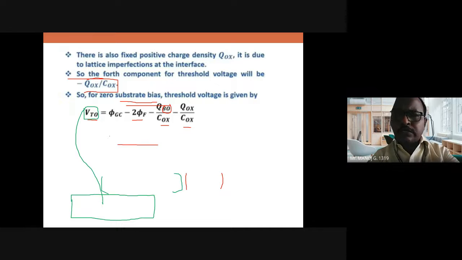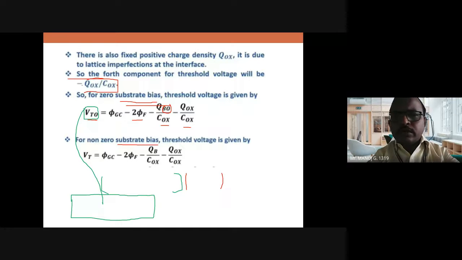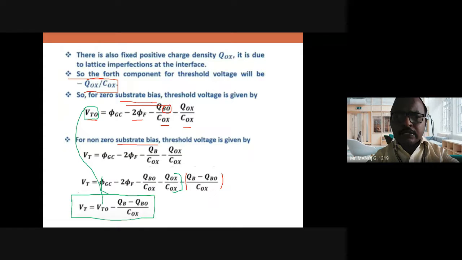The total of all four parameters gives you the threshold voltage. This is for the first condition, condition 1, where substrate biasing is 0. When the substrate biasing is changed, the equation changes to this format, so you simplify it and write it in this format.